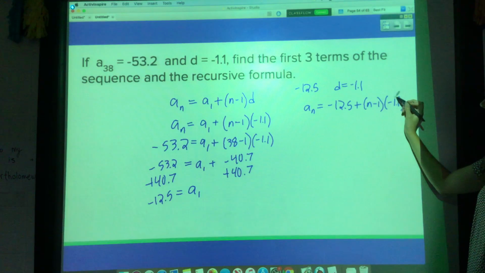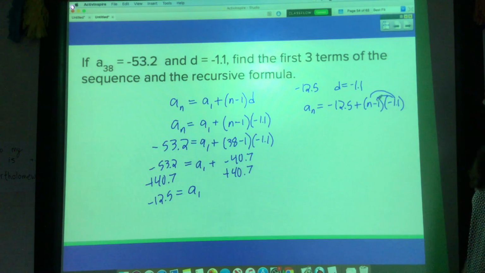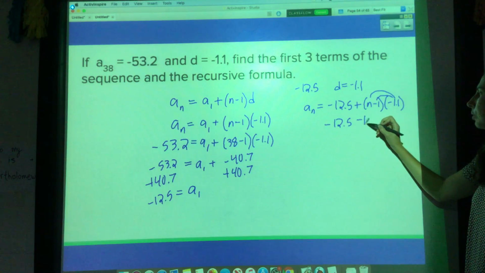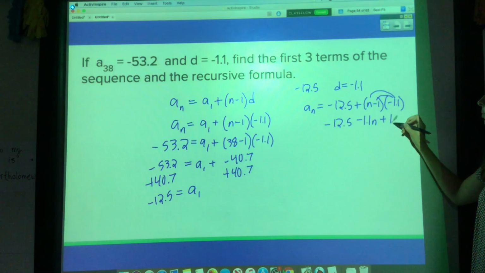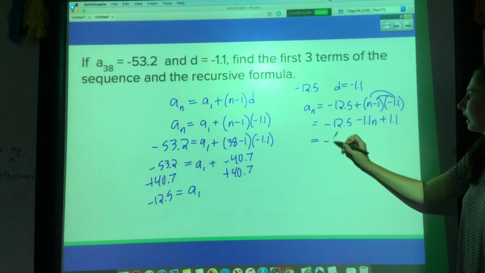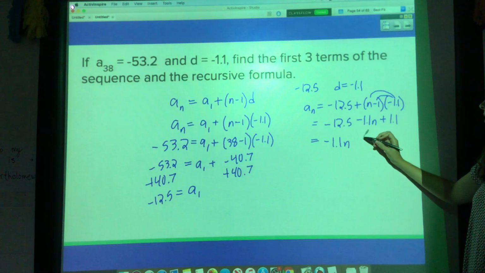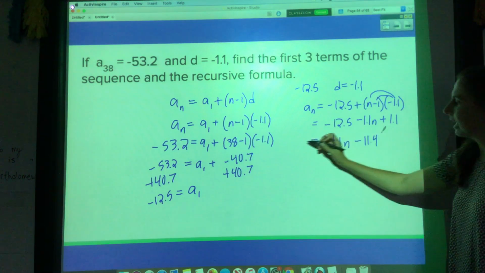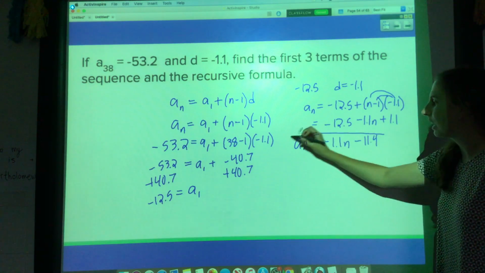We can simplify this a bit by distributing negative 1.1. So that's negative 12.5 minus 1.1n plus 1.1, which is negative 1.1n minus 11.4. And that would be an explicit formula rather than recursive.